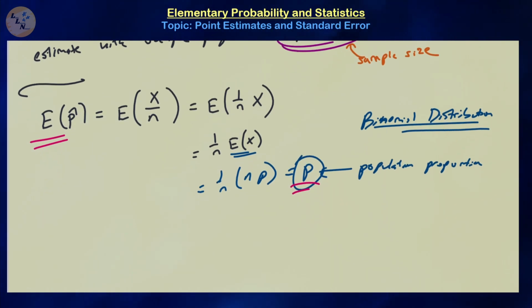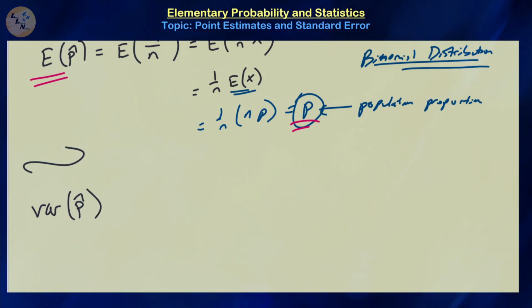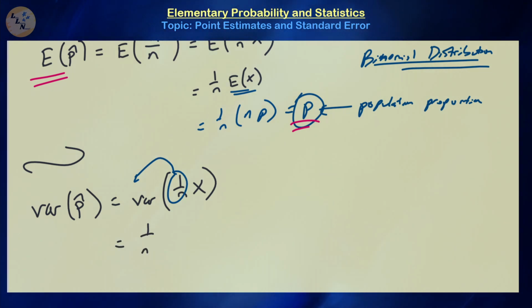Now, is there a standard error associated to this estimate? Yes, of course, because they're rarely going to be the same. So how do we go about finding that? So the variance of this estimate p hat is going to be equal to the variance of 1 over n times x. So again, 1 over n is a constant that can quadratically factor out. So we're going to have 1 over n squared times the variance of x.